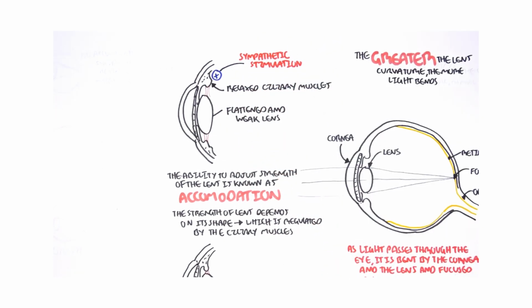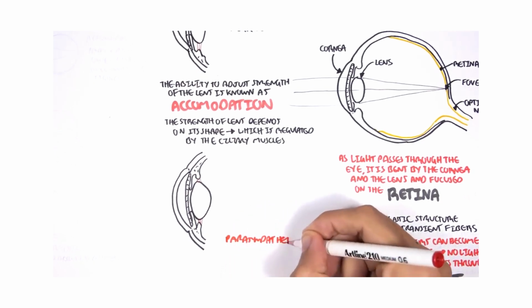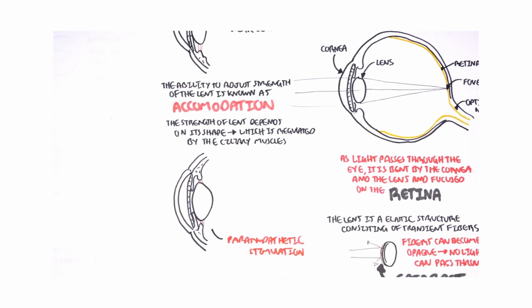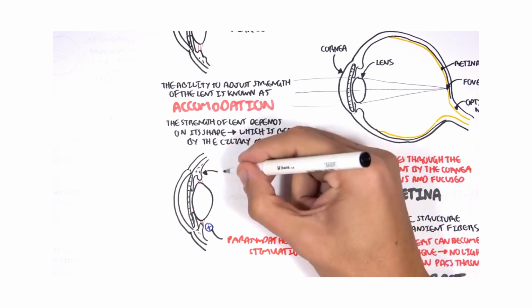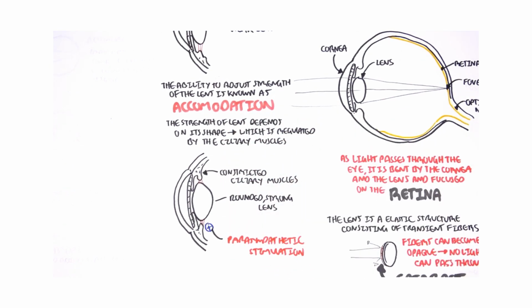So it will basically make it relax. Parasympathetic stimulation, on the other hand, will constrict the ciliary muscles, resulting in a rounded, strong lens. So it's adjusting the strength of the lens for accommodation, remember. And these changes that the lens can perform, by being, as I mentioned, round and stronger, is part of accommodation.